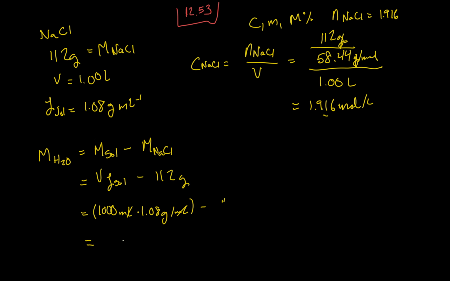This gives us 1,080 grams. 1,080 grams minus the 112 is going to give us 968 grams. Usually molality is reported in kilograms of the solvent, so we redivide by 1,000, and we'll have 0.968 kilograms.